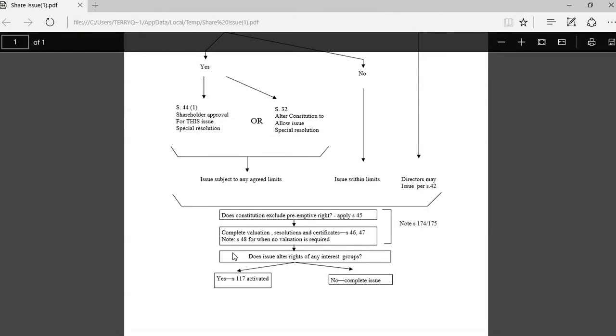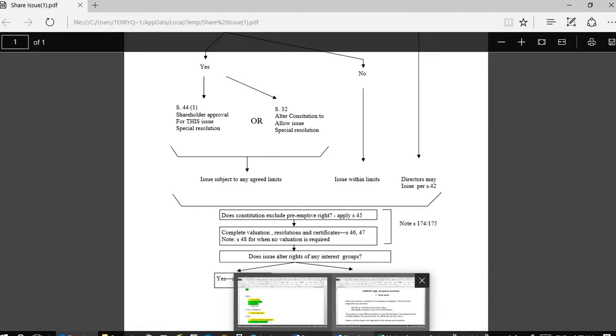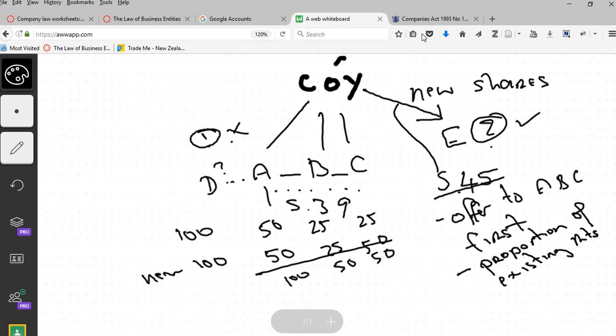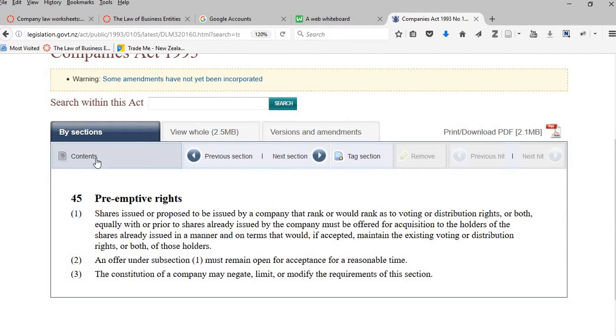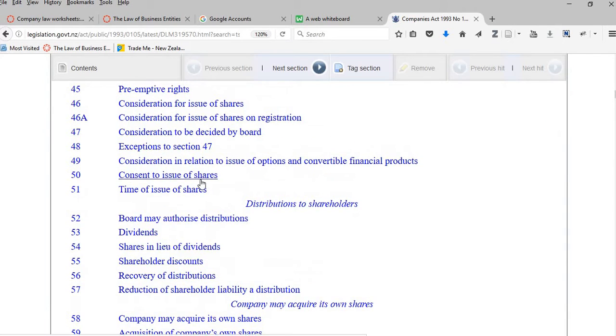Okay, now, once we've decided we're going to issue shares and we've followed through with preemption, the really important area is valuation. So we're going to have to value those shares. Now, if we go back to the Companies Act and we look at the contents here, we've got issues of consideration for issue of shares.